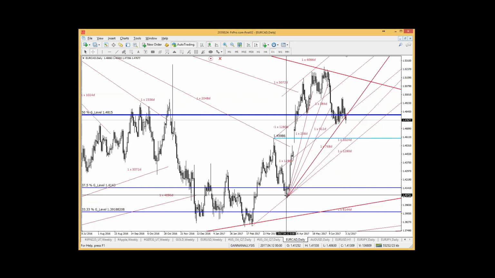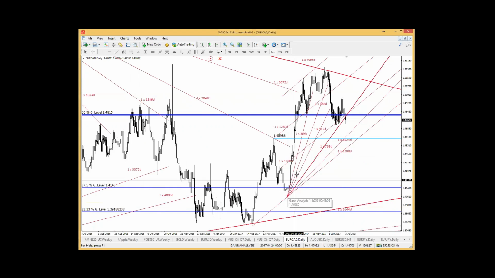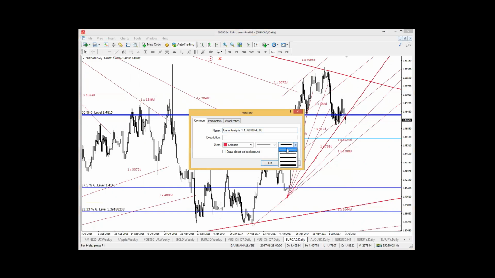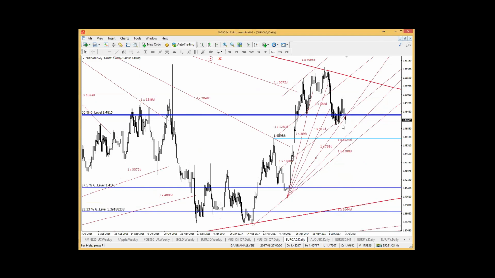From that low here in April 2017, we can see that 256 gave you the low here, 384 did work only for one day. Then you have 768, which we are breaking out today. So 768, I will not consider as strong anymore, and I will start watching 1024 to the downside.